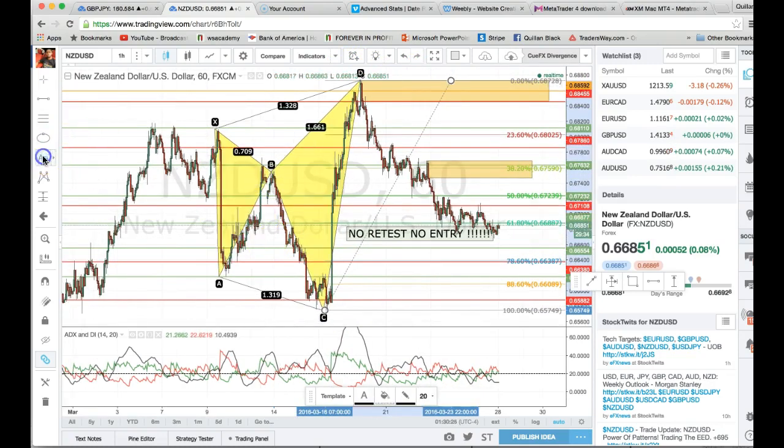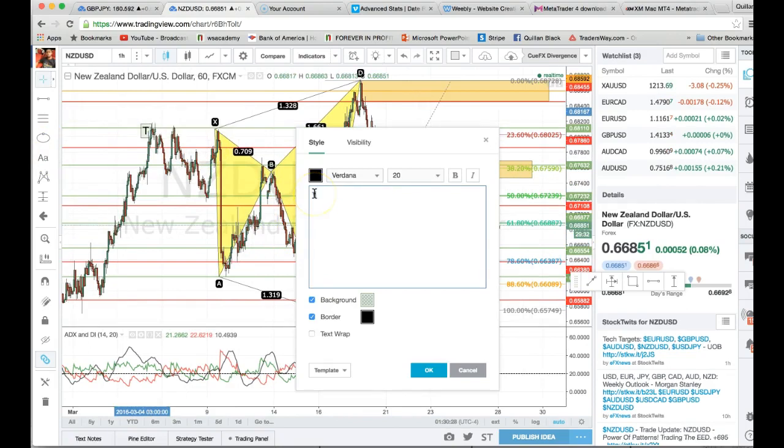So let me write this down. TP1 would be at 38.2 retracement. TP2 would be at 61.8.